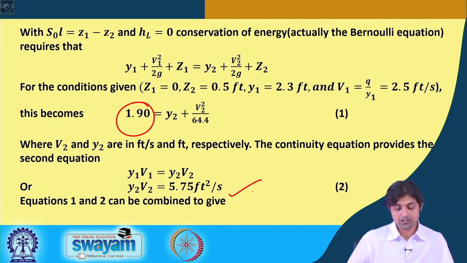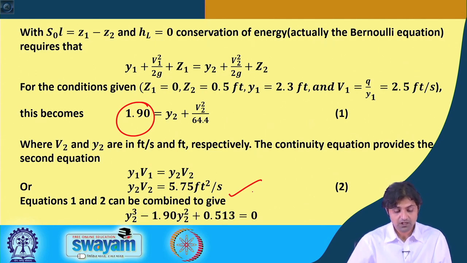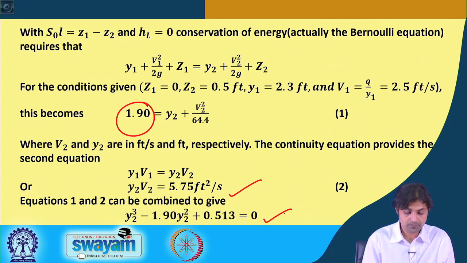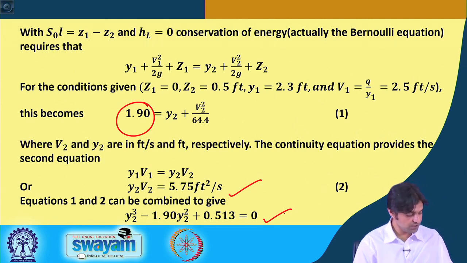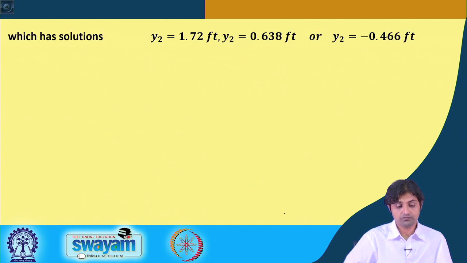Now, equation 1 and 2 can be combined to give a cubic equation. If you do it in terms of y, you can find this equation: y2 cubed minus 1.90 y2 square plus 0.513 is equal to 0.